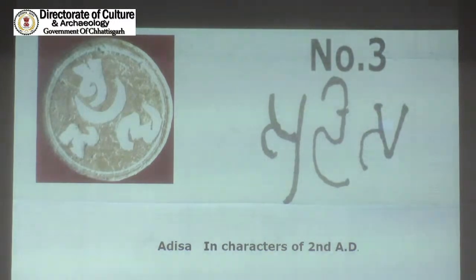See here, and the length is beautiful. That's why I have taken this as somewhat closer to Kshatrapa, and because of the length, maybe a person's important name is in this.